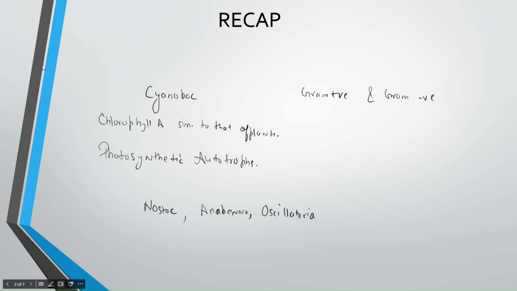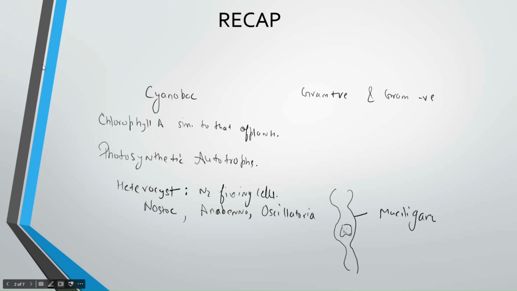So these are examples of bacteria responsible for nitrogen fixation, and they have specialized nitrogen fixing cells called heterocysts. These bacteria are generally covered by a covering. This covering is mucilaginous, and this is the heterocyst.